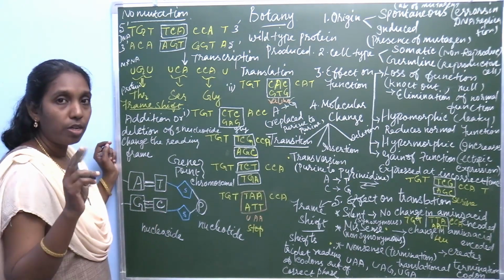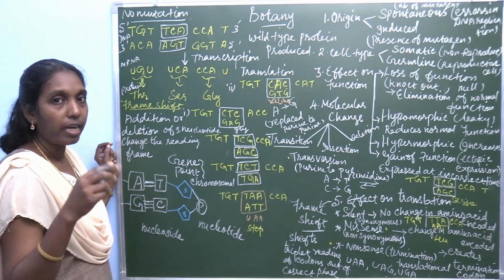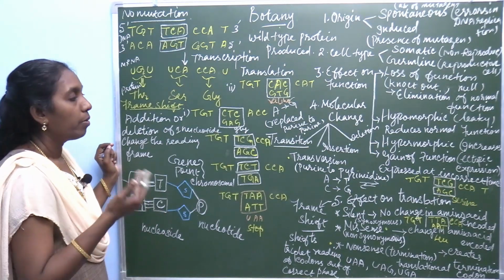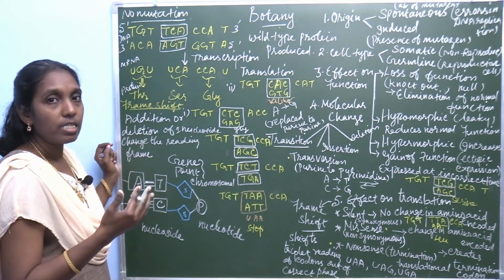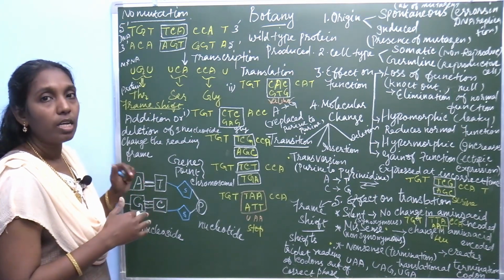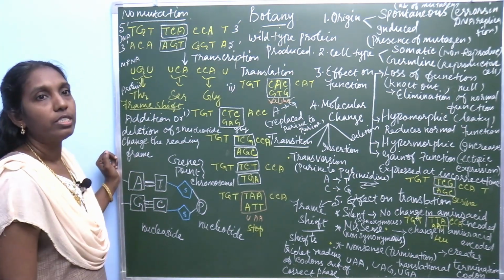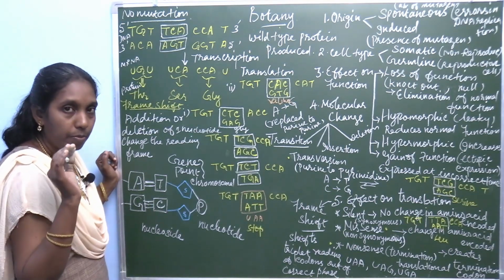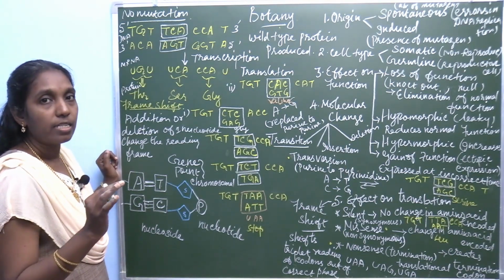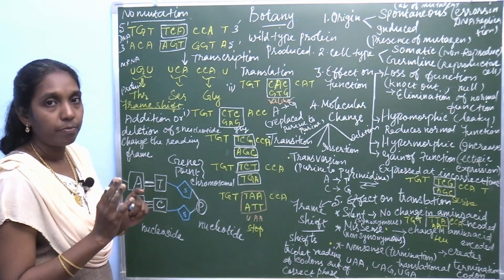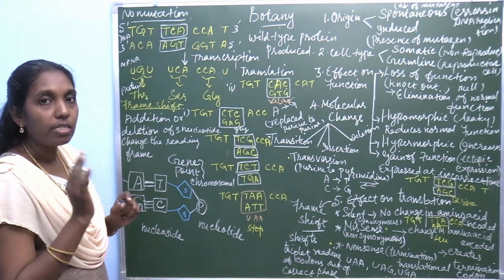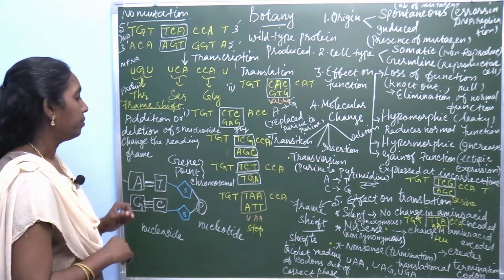There are two different types, point mutation and chromosomal mutation, but in today's class we are going to discuss point mutation briefly. What's the definition of point mutation? Mutation takes place within a single base or base pair.